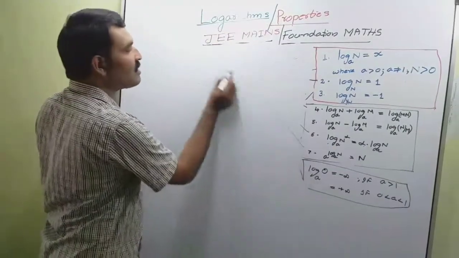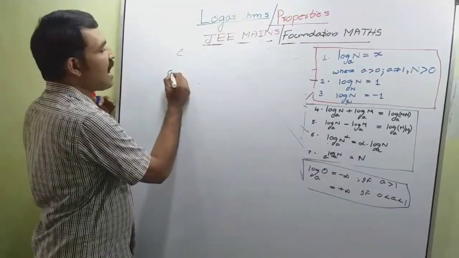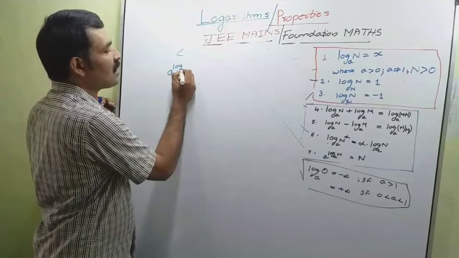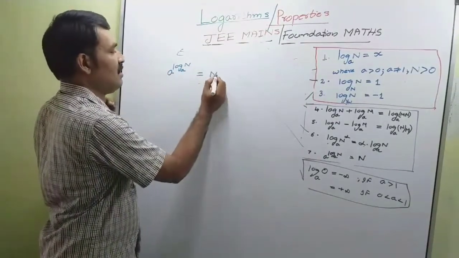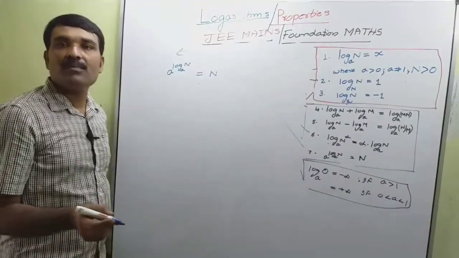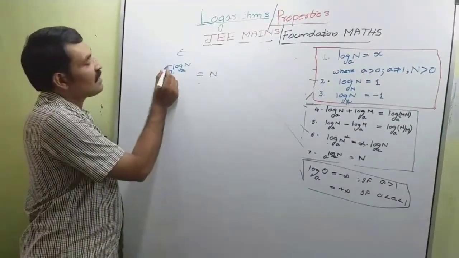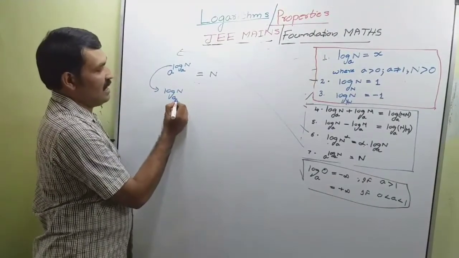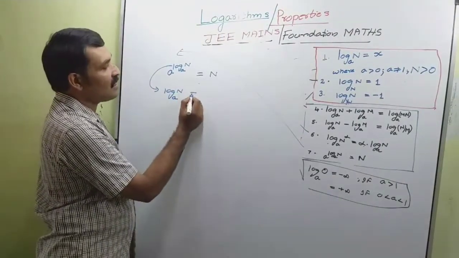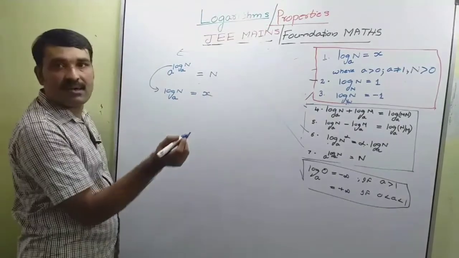Consider the seventh property, that is a raised to log n to the base a is equal to n. Now, for proving this, consider the term log n to the base a. Let this be equal to x. Okay.